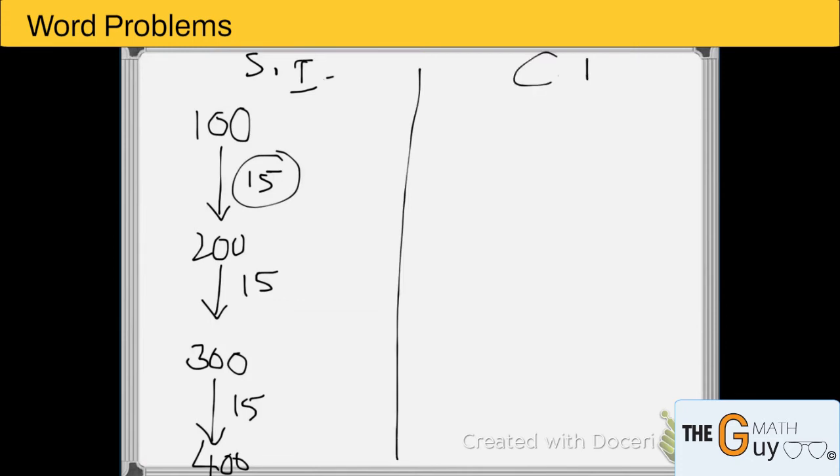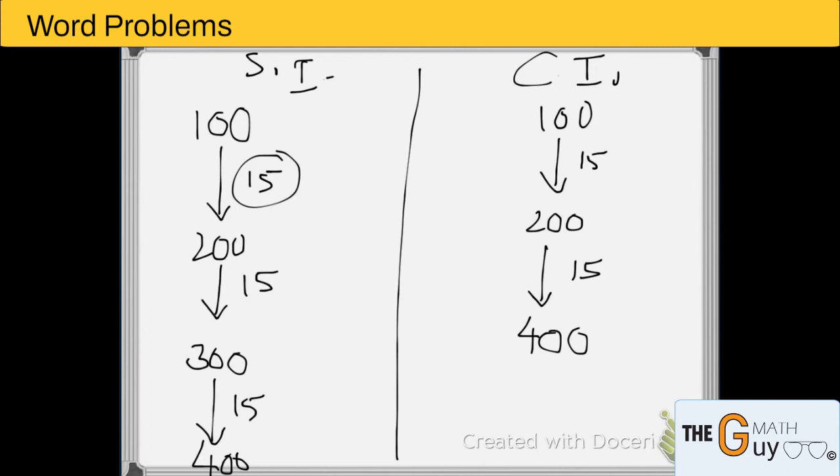But in compound interest, what happened was that this 100 became 200 in 15 years. Okay, if you gave it another 15 years, this would become 400, because this 15 years it took to double, another 15 years it would take to double whatever it already is. So from 200 to 400.